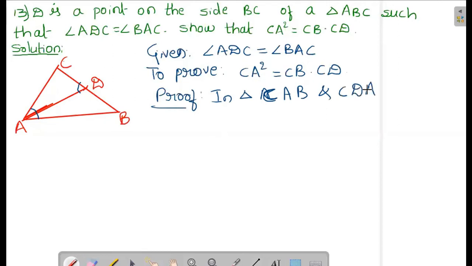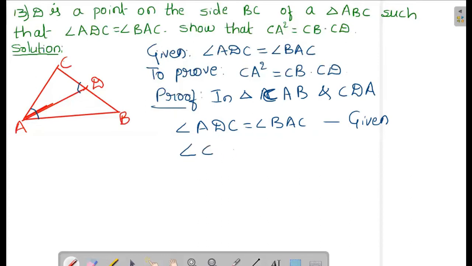Okay, angle ADC is equal to angle BAC. It is given. And angle C is common to both ACD and CAB.